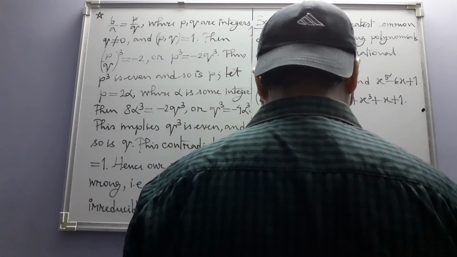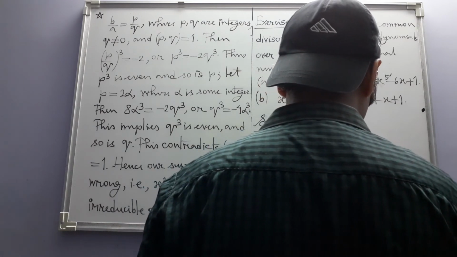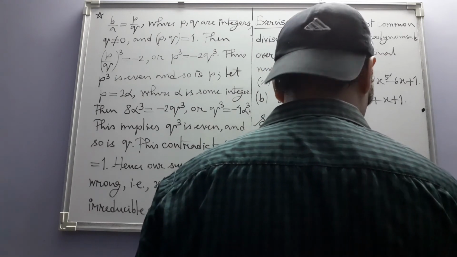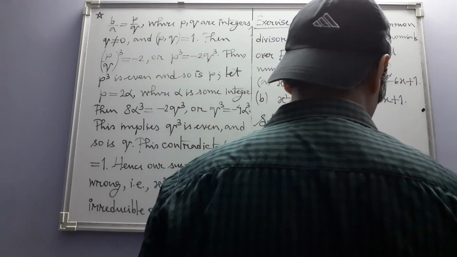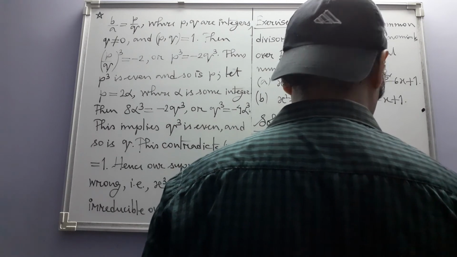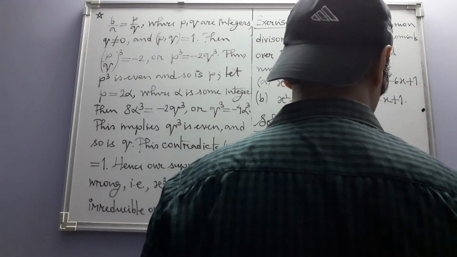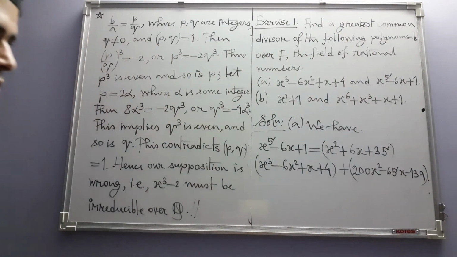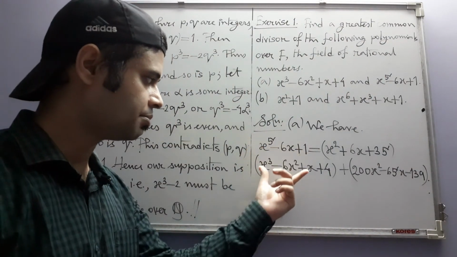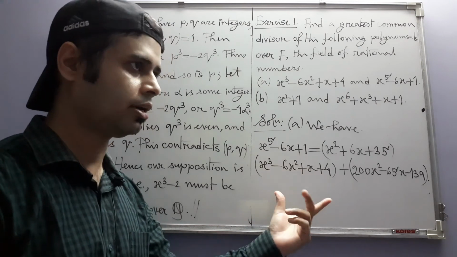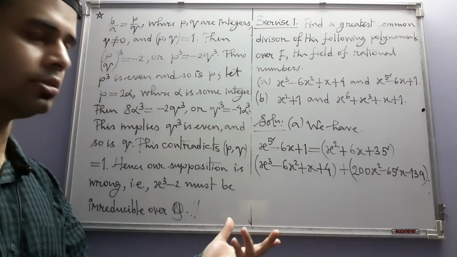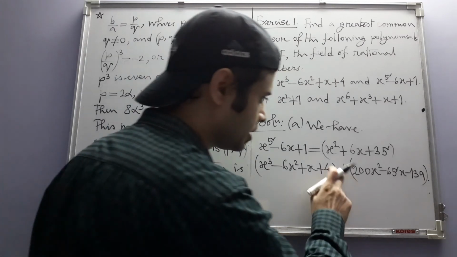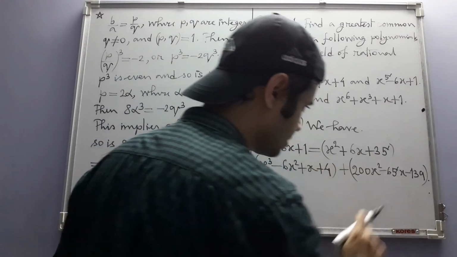This first remainder itself starts becoming ugly, if you know what I mean: 200x square minus 65x minus 139. So if you divide this by this, you already know, you have learned in school, synthetic division. So that's what we have done here. Then this is the quotient and this is the remainder.